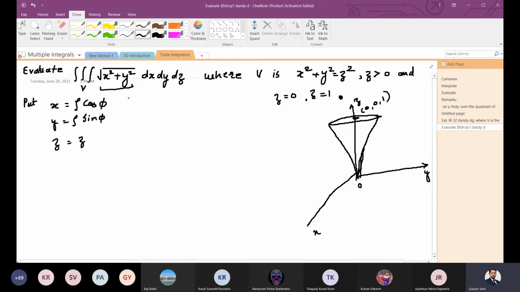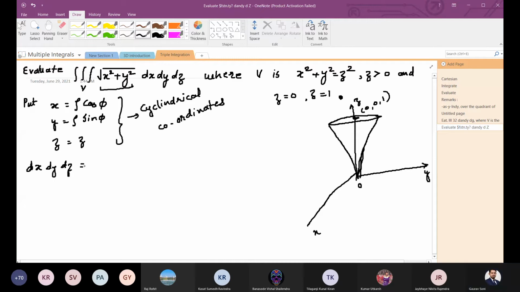So x square plus y square will become rho square. Even the integrand becomes simpler with these coordinates, and that's why I am choosing this. In this case, dx dy dz is replaced by rho d rho d phi dz.